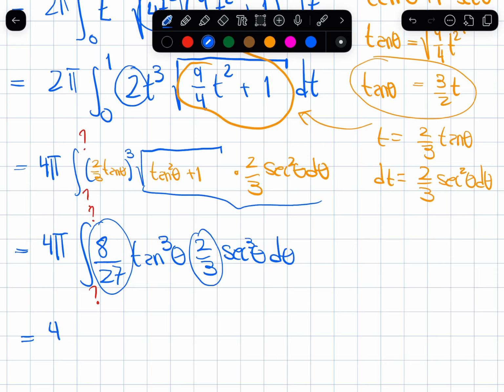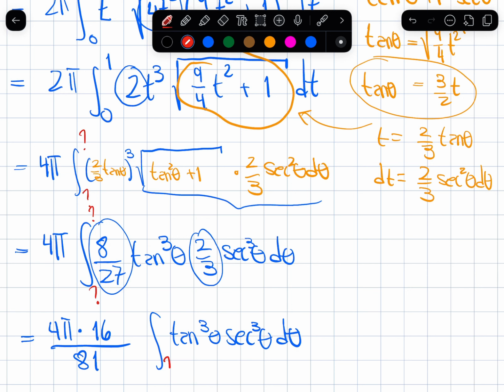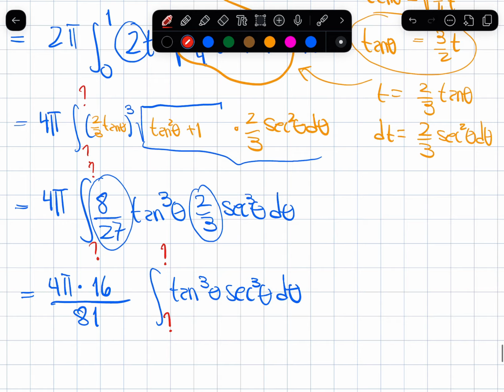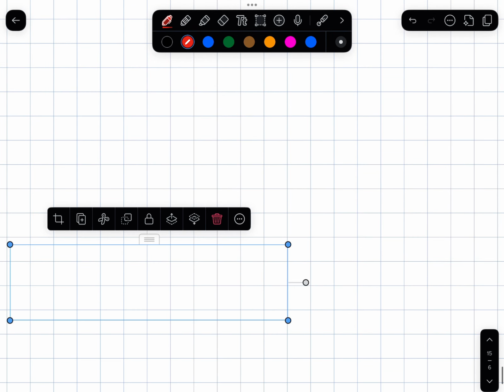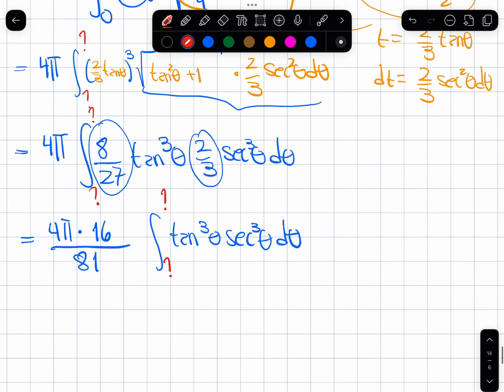So this is 4 pi times 16 times 27 times 3. And then now I have this integral, tangent cubed, secant cubed theta d theta. I haven't again handled the limits of integration. I'm going to go ahead and move this further down. I thought I had enough space.